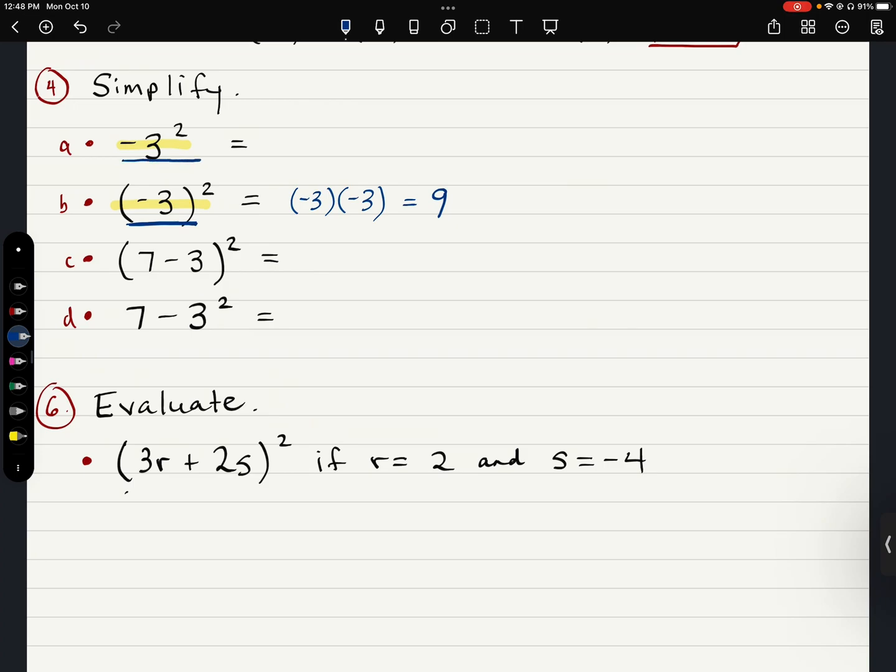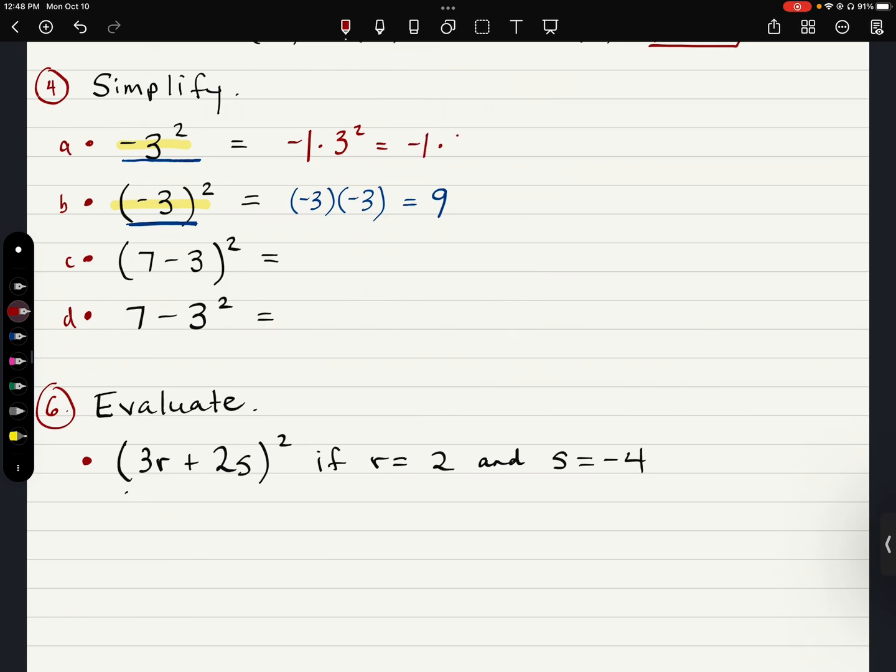But when we look at the top one, we have a negative in there. However, when we don't have those parentheses, this is the way that it reads. It's like saying the opposite of 3 squared. So you're thinking about it as being a negative 1 times a 3 squared, which means the base is actually just 3.